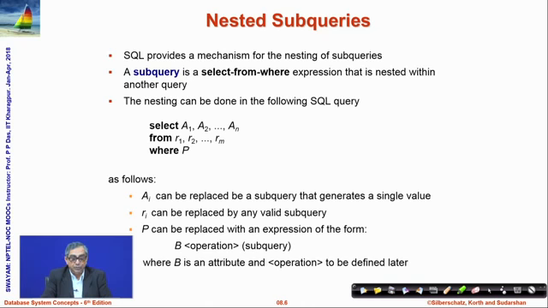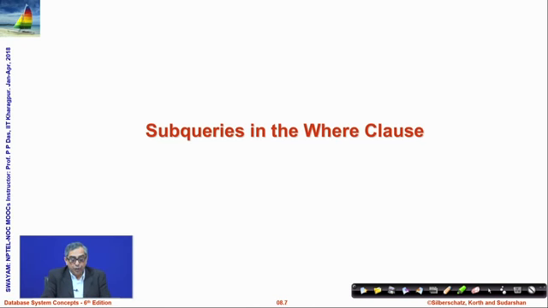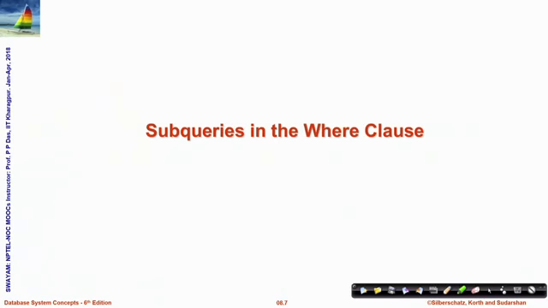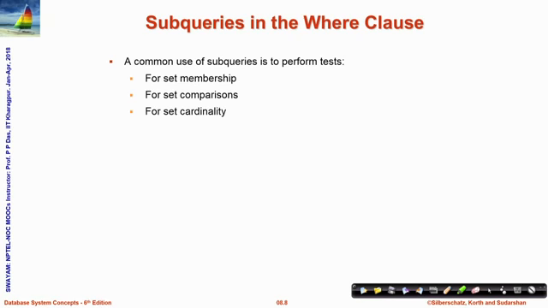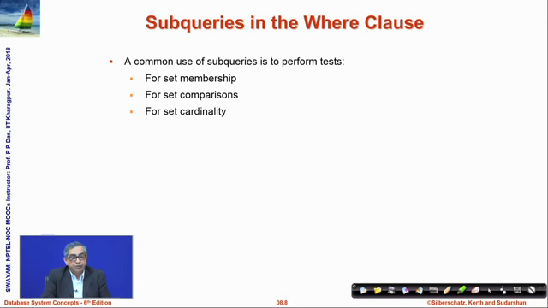All of these are possible. So, we will discuss them one by one. First we will start by discussing how subqueries work in the where clause. The common use for having subqueries in the where clause is to perform different kinds of tests for membership, comparison, cardinality and so on.